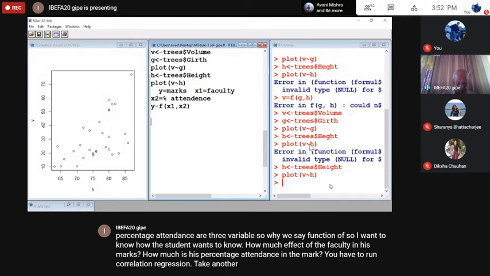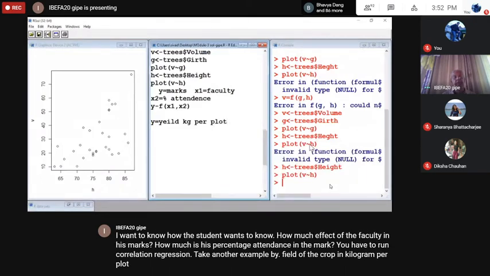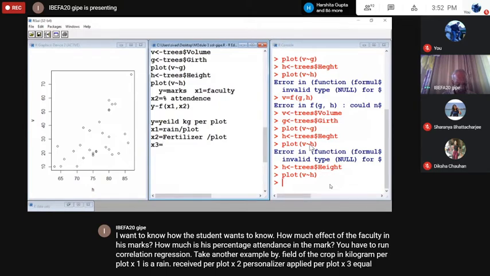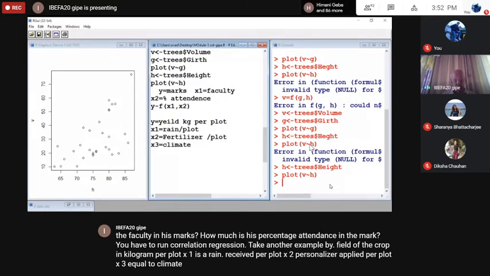Take another example. y is the yield of the crop in kilogram per plot. x1 is rain received per plot. x2 is fertilizer applied per plot. x3 equals climate condition.